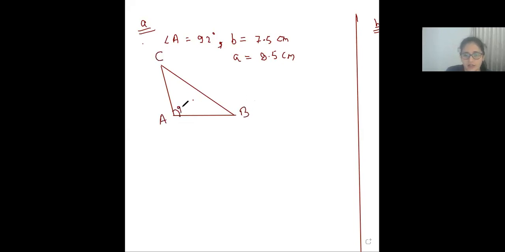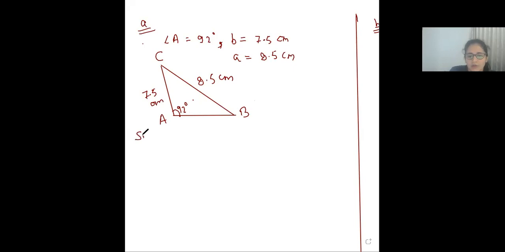Angle A is 92 degrees. Side a is 8.5 centimeters and b is 7.5 centimeters. From the diagram it is also clear that BC is greater than AC and A is an obtuse angle, more than 90 degrees. So let's see from the given data, can we draw two triangles?